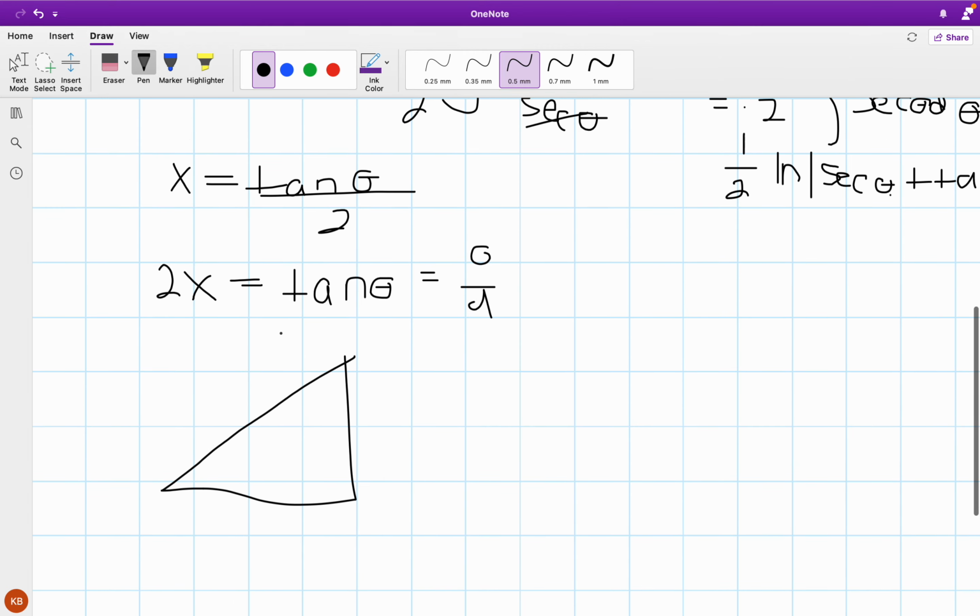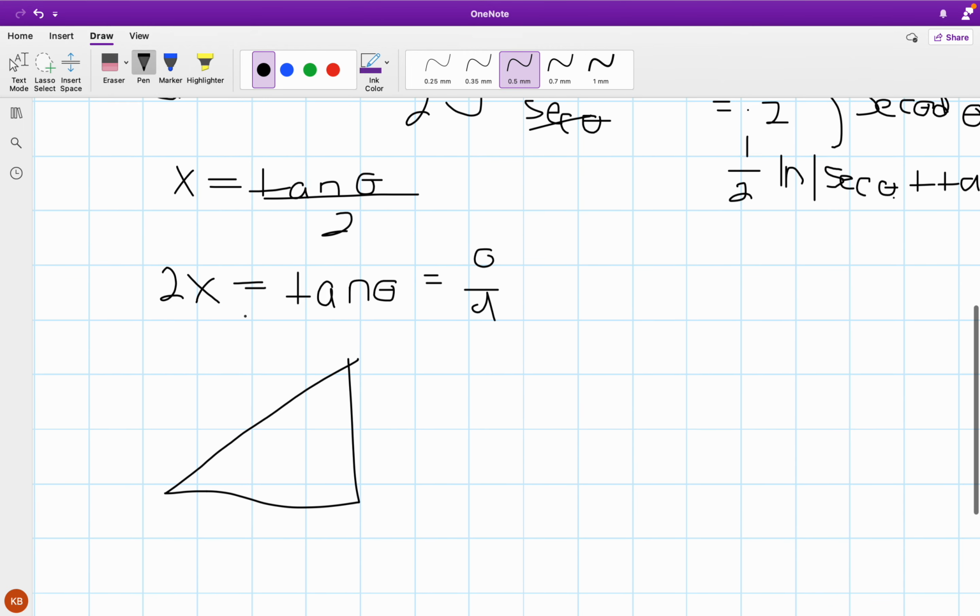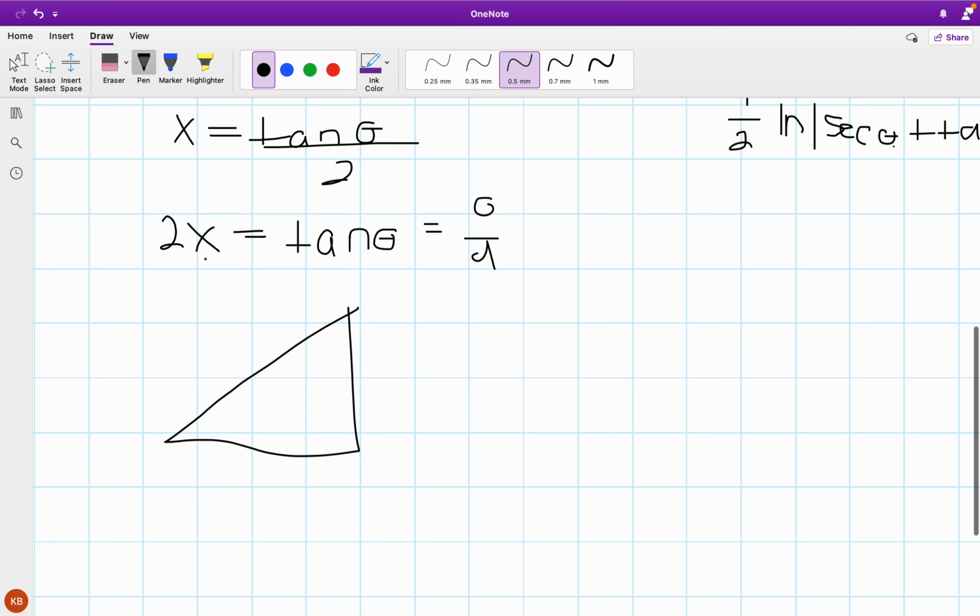Okay. So the tan theta is here, and this is going to be our theta. So tan theta would equal opposite over adjacent.